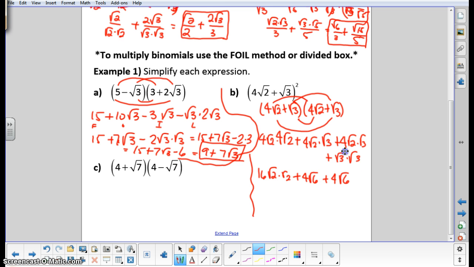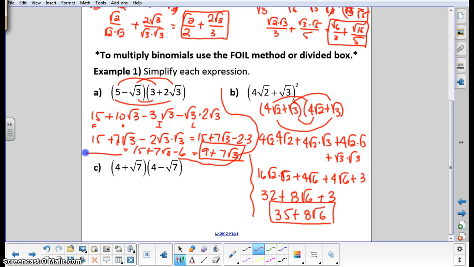And then root 3 times root 3 is just 3. Okay, so root 2 times root 2 is just 2. Times 16 is 32. Plus 4 root 6 plus 4 root 6 is 8 root 6. And plus 3, and then we can combine the 32 and the 3 to make 35 plus 8 root 6, and that's our answer.